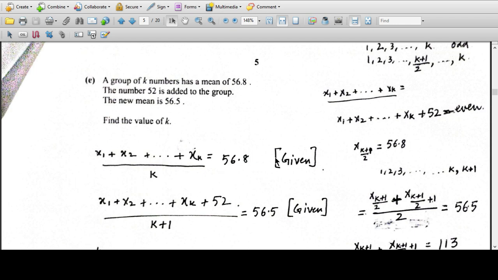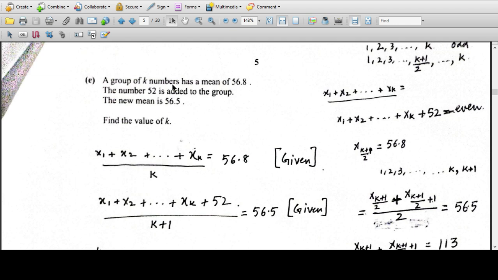So this information is given, and we have to write it down in a mathematical form. The number 52 is added to the group. If we add another 52 here, then the new mean is 56.5.